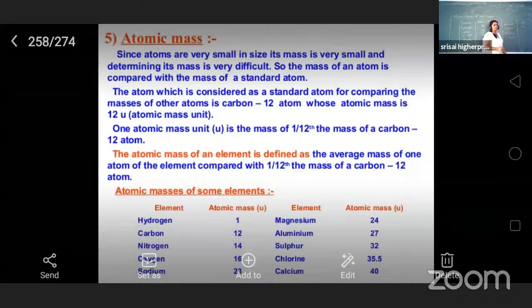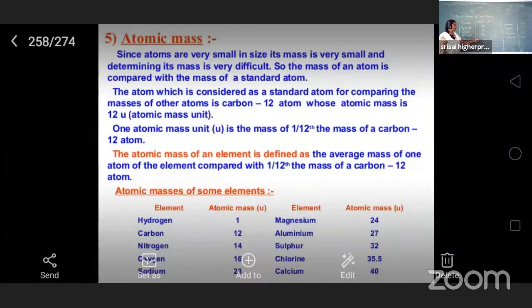Chlorine is 35.5. Calcium, if the atomic number is 20, then the atomic mass will be 40. So these are some elements' atomic masses.